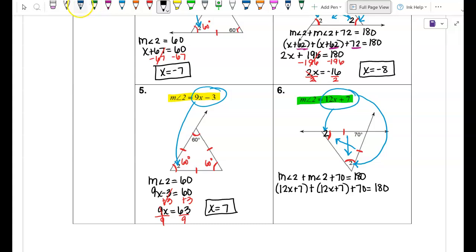Combining like terms, I have the 12x that I'm going to combine with the 12x for a total of 24x. And then I have 7 plus 7 plus 70, which is going to give me plus 84 equals 180.